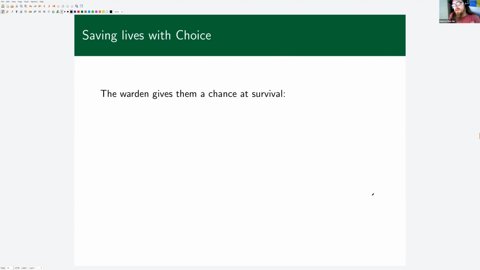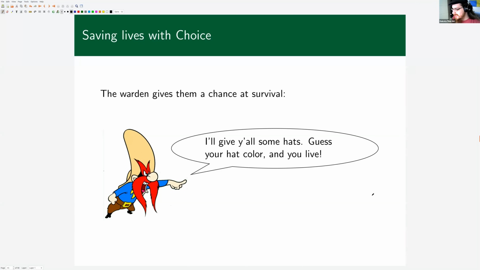And the warden, right before they're all executed, while they're all waiting in line for the chair, decides to be a little sadistic and have some fun with them. And he decides to give them a chance at survival. Okay. And the warden, you can imagine some sort of Yosemite Sam type figure, says, here's the game we're going to play.